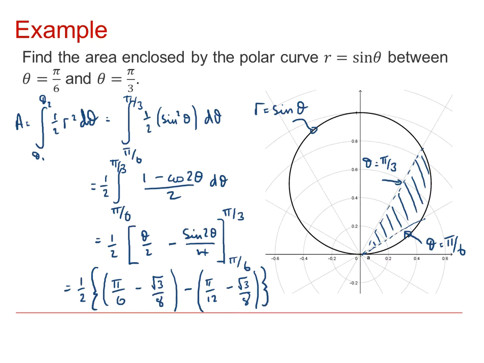Now if you look at those, we've got negative root 3 over 8 in the first bracket and the second bracket, so those are going to cancel out. And pi by 6 minus pi by 12 gives pi by 12, and a half of that, so we get a final answer of pi by 24.